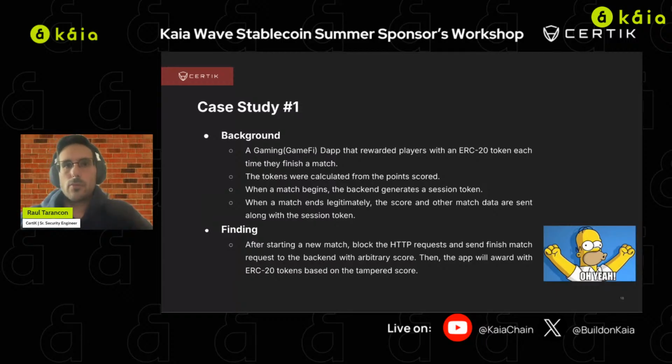So what was the issue? After starting a new match, if you block the HTTP request and send the finish match request to the backend, obviously with an arbitrary score, then the DApp will reward you with ERC20 tokens based on this tampered score.